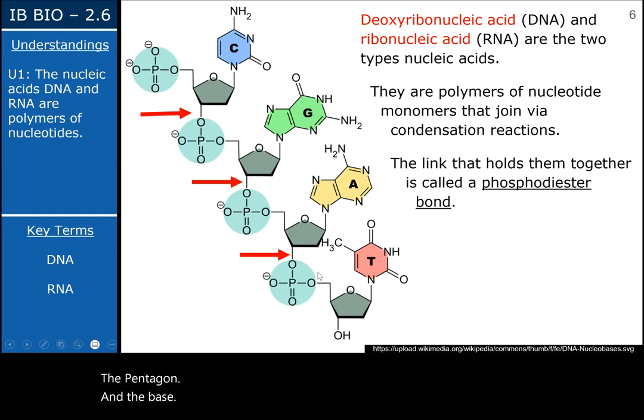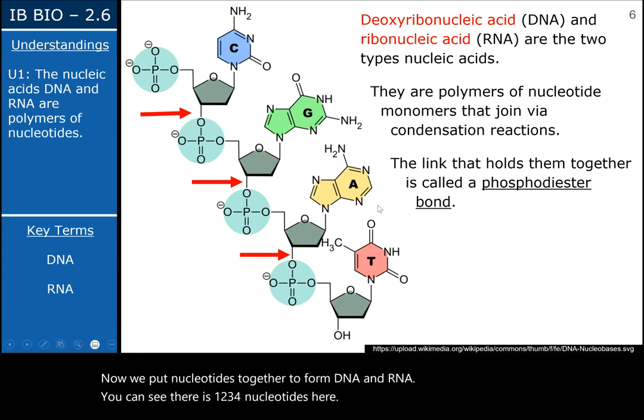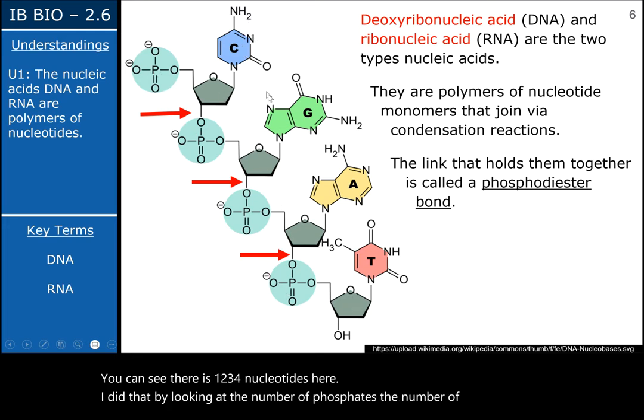Now we put nucleotides together to form DNA and RNA. You can see there's 1, 2, 3, 4 nucleotides here. I did that by looking at the number of phosphates, the number of ribose molecules, and the number of bases.